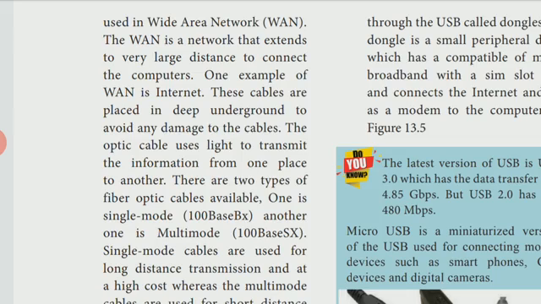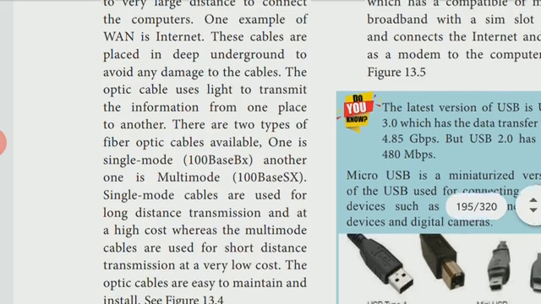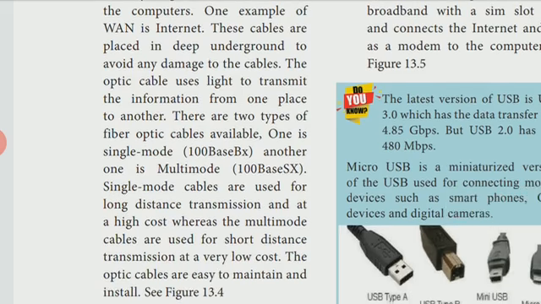In this also we have two types of cables. One is single mode cable, another one is multi mode cable. Single mode is 100 base BX, and multi mode is 100 base SX.